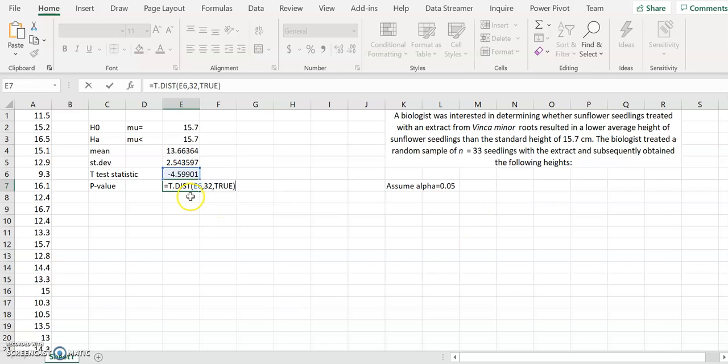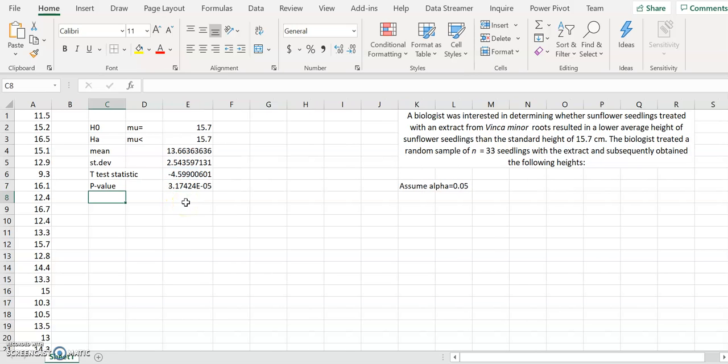Now, when you use the T.DIST function, it automatically does less than the value. If this was a one-tailed test with a greater than sign, we'd use T.DIST.RT, and if this was a not equals to, we could use T.DIST.2T, so that it would be two-tailed. But this is just less than, and so we just use a standard T.DIST. And so we get this value.